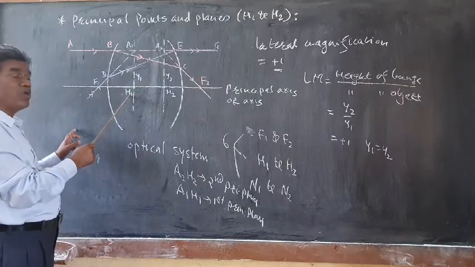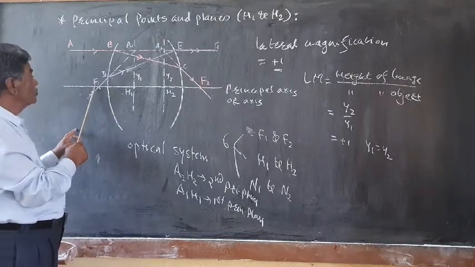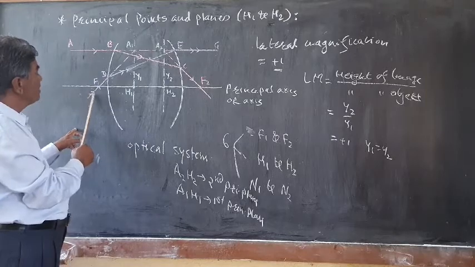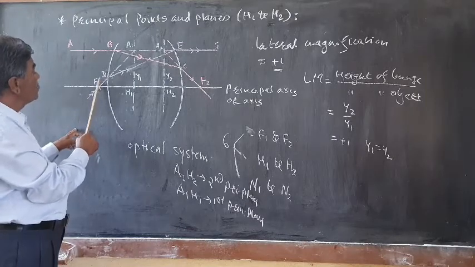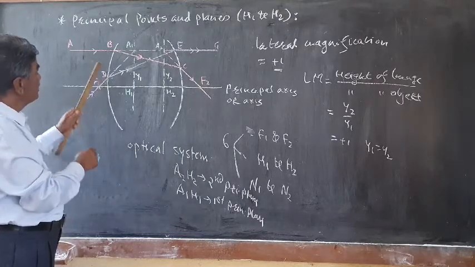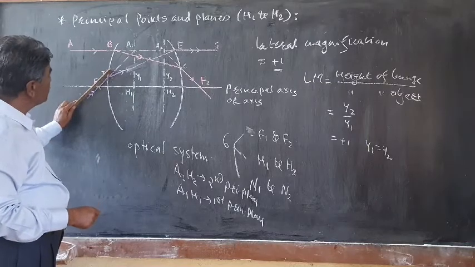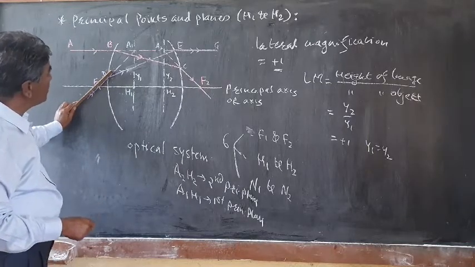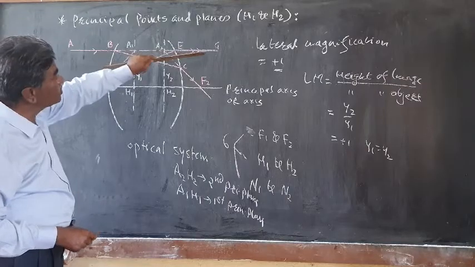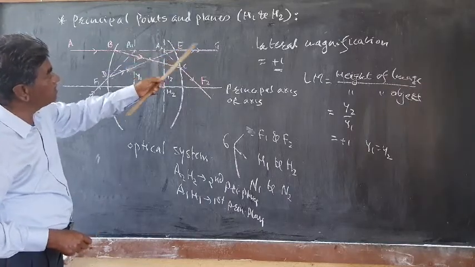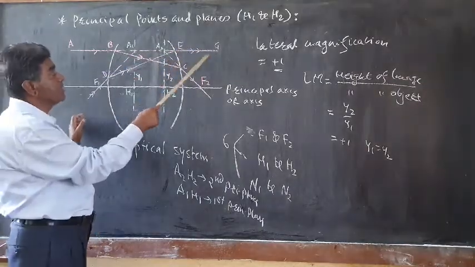And the first principal point is related to the first focal point. Consider the ray indicated by the double arrow here, F1D, the second ray, which passes through the first focal point. According to the definition, after refraction it proceeds parallel to the axis.